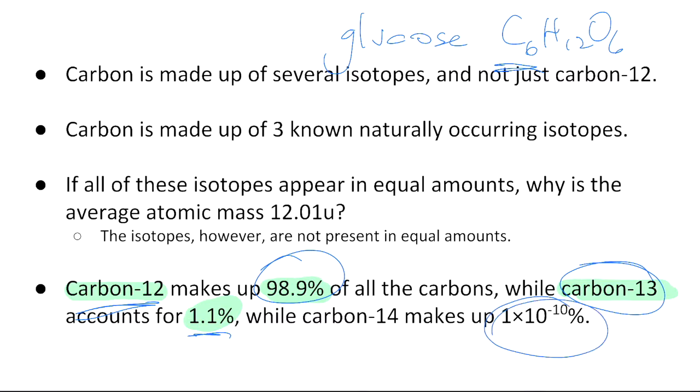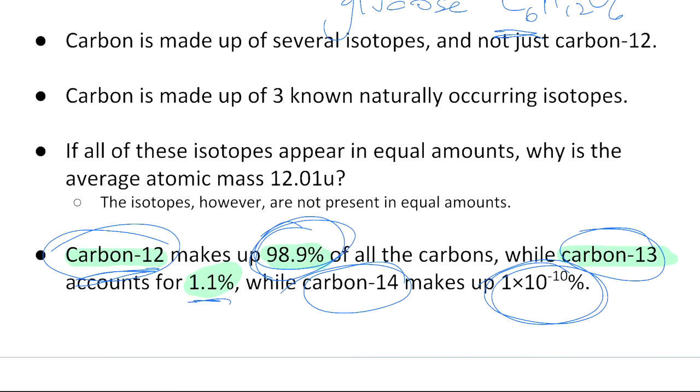And a really tiny percentage is made up of carbon that contains two additional neutrons. But the majority of the carbon in our atmosphere, in glucose, in any carbon-based compound, is made up of this carbon-12 isotope.